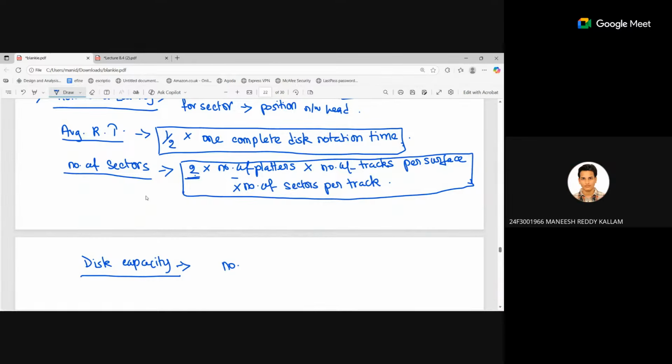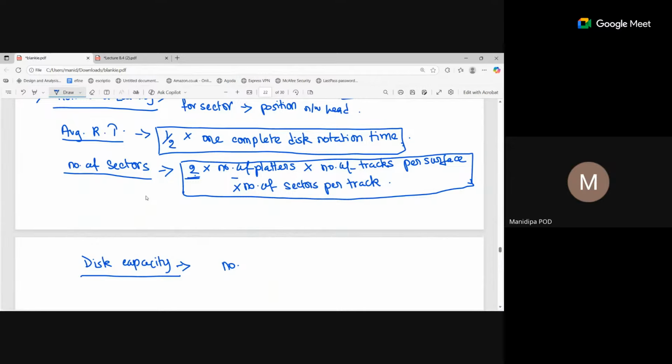Ma'am, a small doubt about number of sectors per track. Since a sector is like the area between two tracks only, are we counting tracks twice? No. See, number of tracks per surface. Let's say in one surface there are 5 tracks. Then each track has a certain number of sectors.